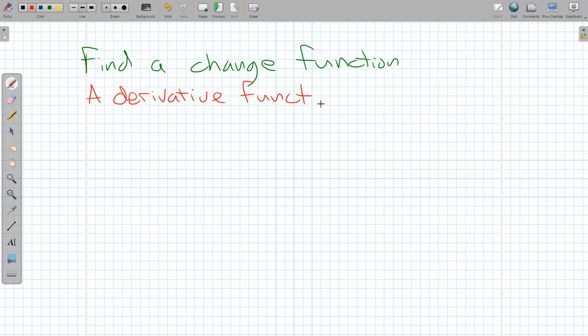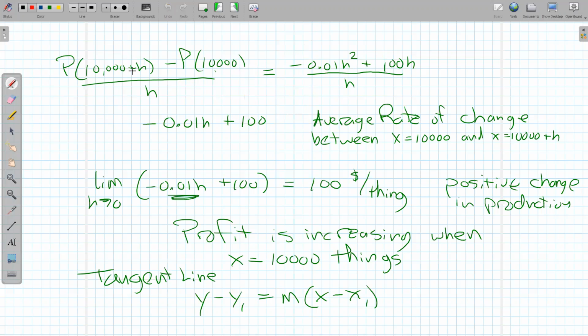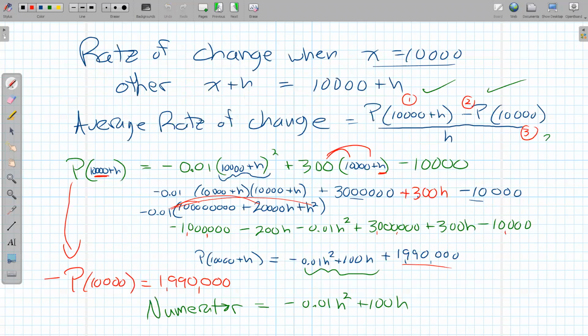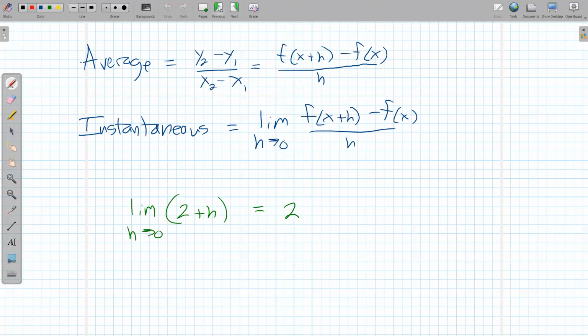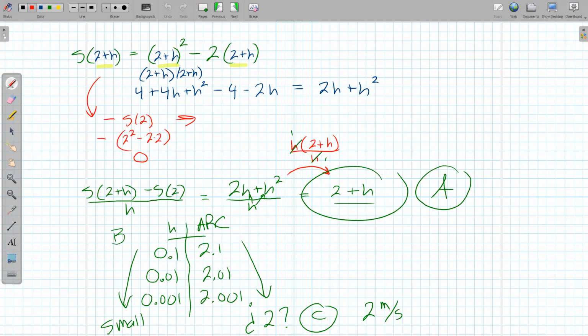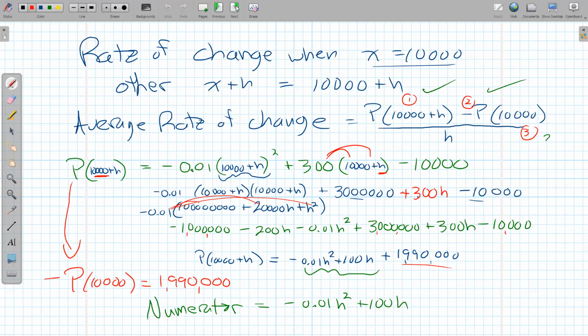And the main difference between what we're going to do now and what we did in the last few examples yesterday and today is instead of picking a particular number like 10,000 or back here where I picked the number 2, we're just going to leave that as an x instead. So the complicated part there is instead of having just one variable to deal with, h, now we're going to have x and h to play with at the same time.